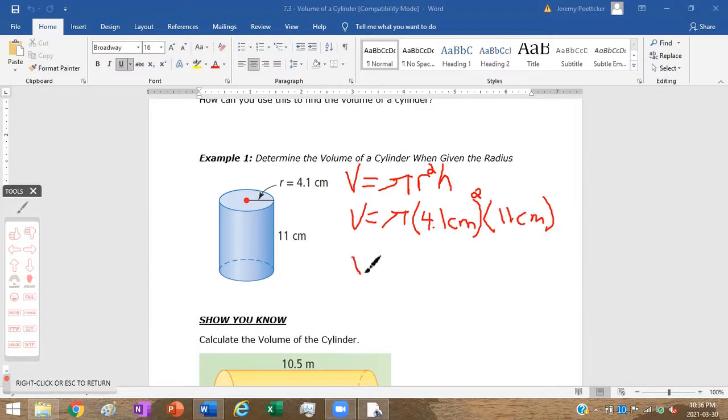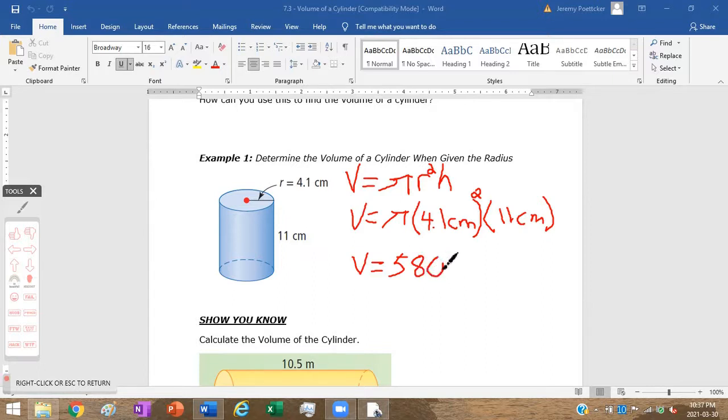Alright, so for my volume here, I'll get out my calculator. You could do this by hand, but you don't need to. 4.1 times 4.1, because that's really what squared means. Then multiply that by pi, and 3.14 is a good enough approximation, and multiply that by 11, and we end up with 580.6174.